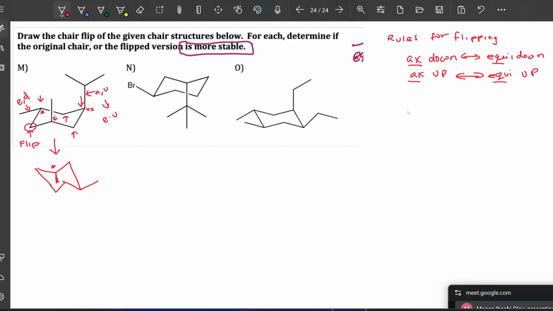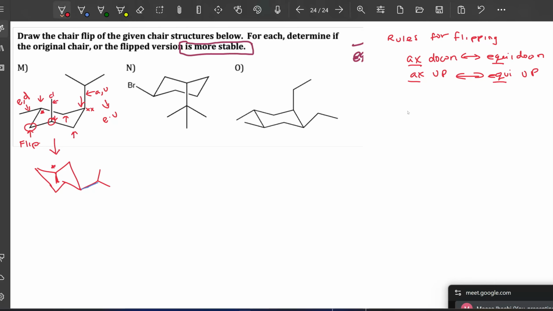The way to draw equatorial, it should be parallel to one of the other bonds. So like this guy is parallel to this bond. That's how quickly you can tell the angle. And so my isopropyl here is right there. I skip one carbon, now I'm here.